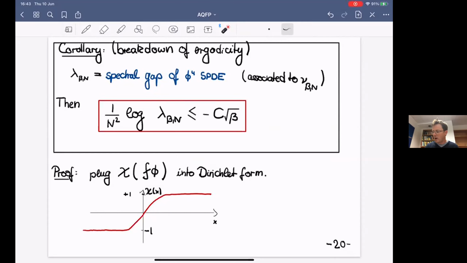You just plug the right test function into your Dirichlet form, and the test function is basically one that is -1 on the space where your mean magnetization is a little bit below 0, and then +1 where your magnetization is a little bit above 0. Then you see the gradient all lives here, but this event has basically no probability. So that's how you get this. This is really immediate.